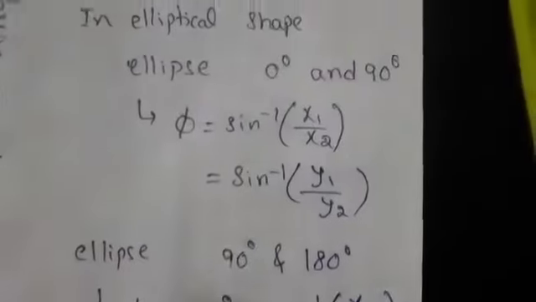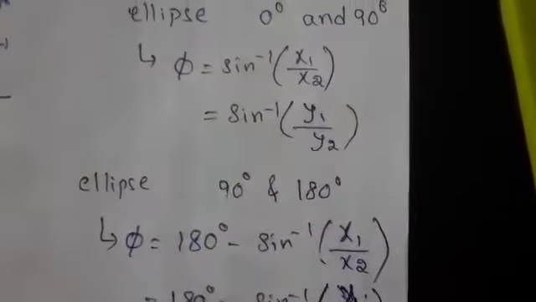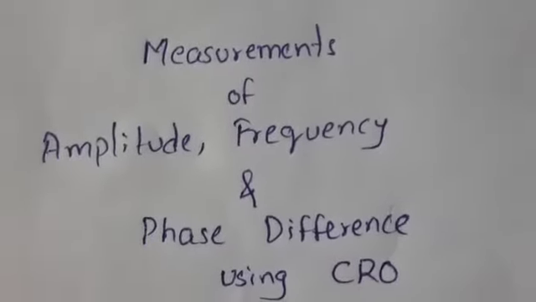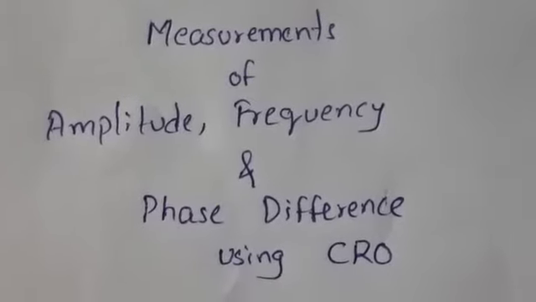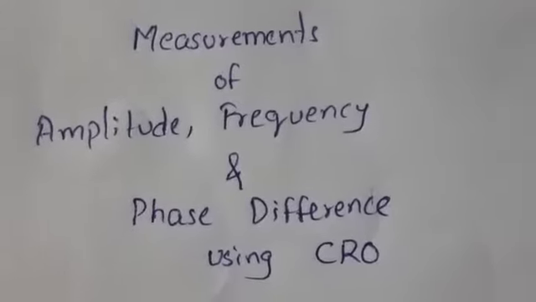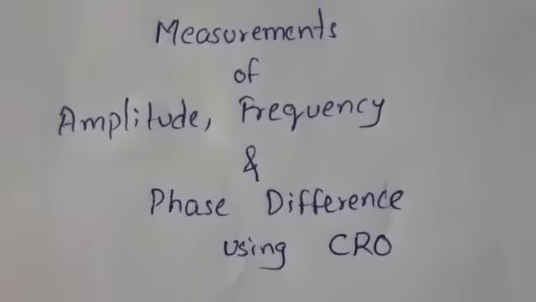So by using these equations we can find the phase difference. In this way we can measure amplitude, frequency and phase difference in a CRO by using Lissajous figures. Okay, thank you.